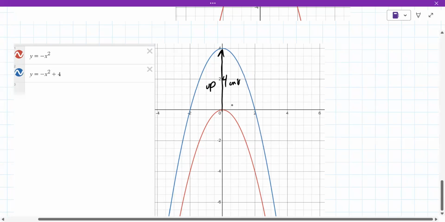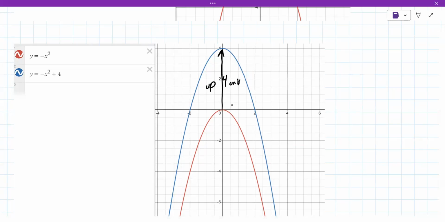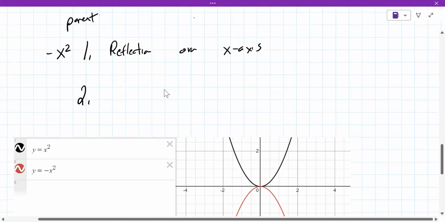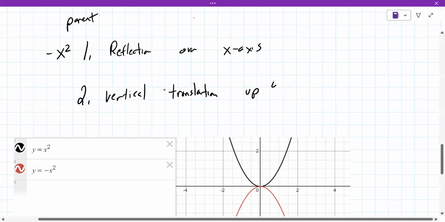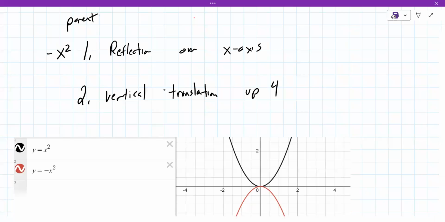So if you can graph them one at a time, you could say, okay, it's up 4, or it's called a vertical translation. So that's what they're looking for.